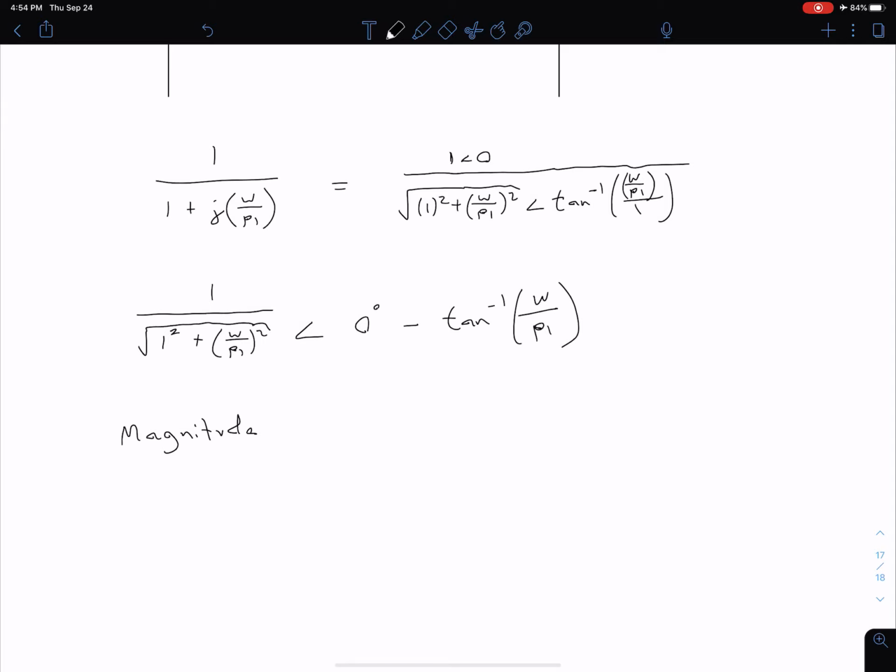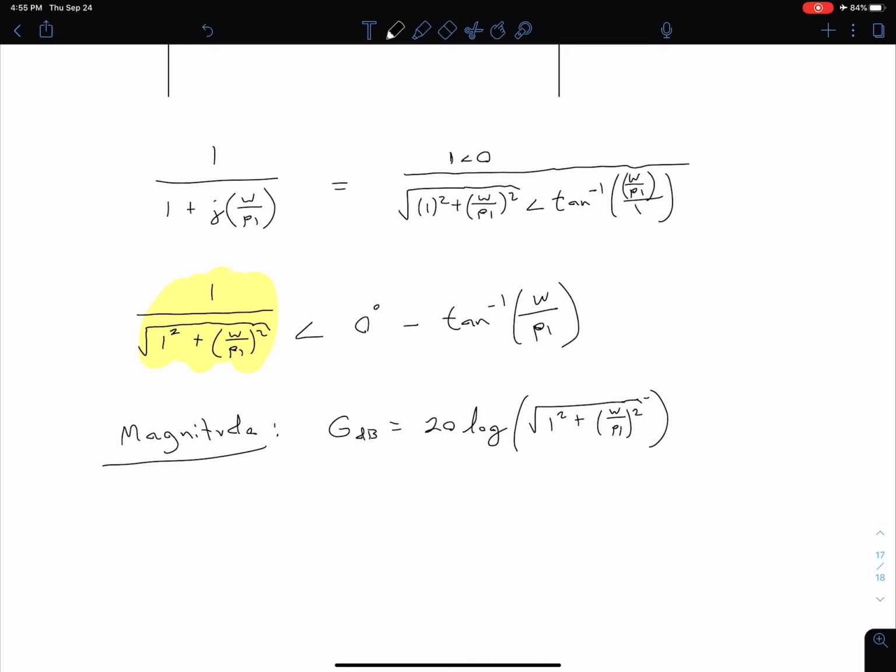So if we want to plot our gain in decibels, we're going to say our G in dB is equal to 20 log of the magnitude of our function. So our magnitude is here. And so instead of writing it like this, I can say this is actually just the square root of 1 squared plus omega over p1 quantity squared, to the power of -1.